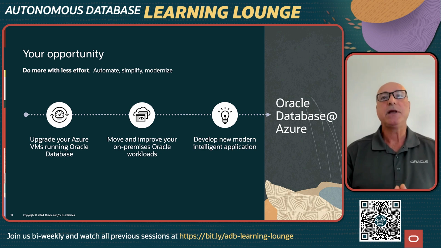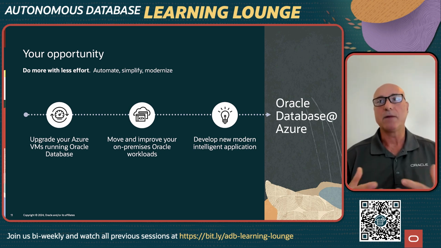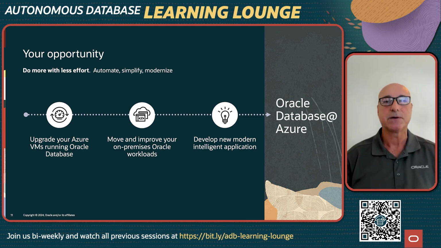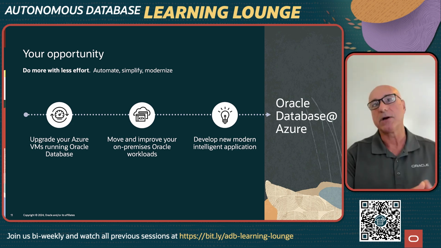And so what's the opportunity here? Again, automation, less effort, the best of both worlds, in three different areas where we see customers wanting to adopt this. First, I mentioned the infrastructure components: running Oracle in Azure virtual machines.